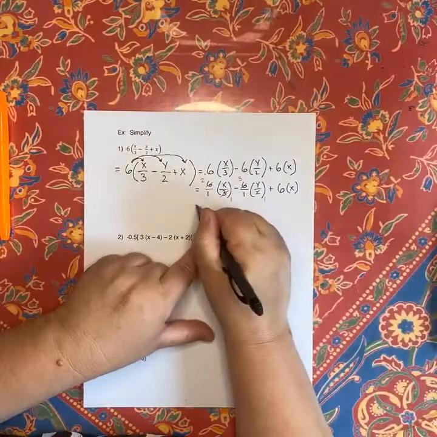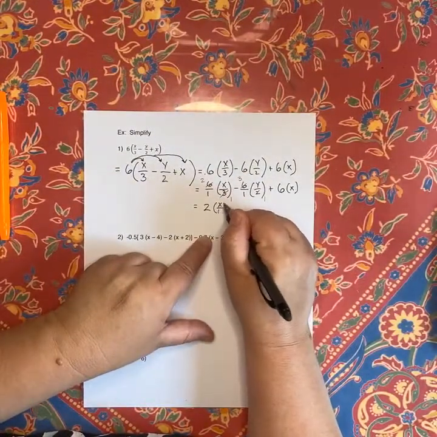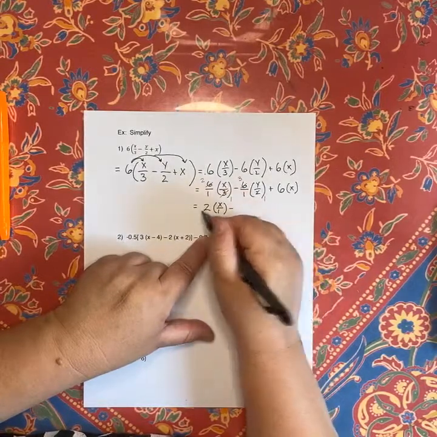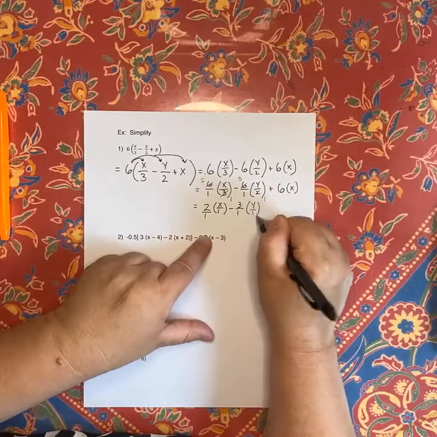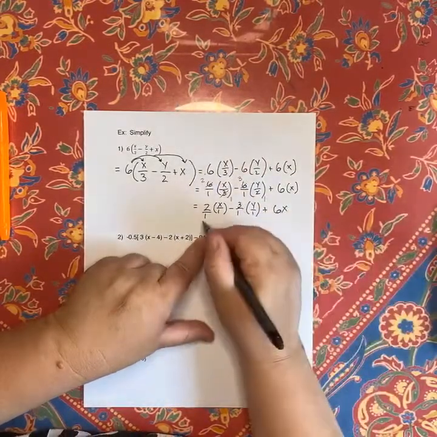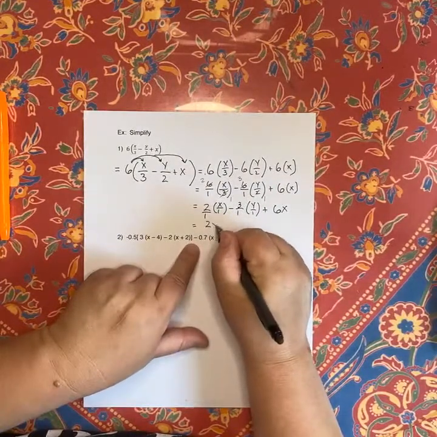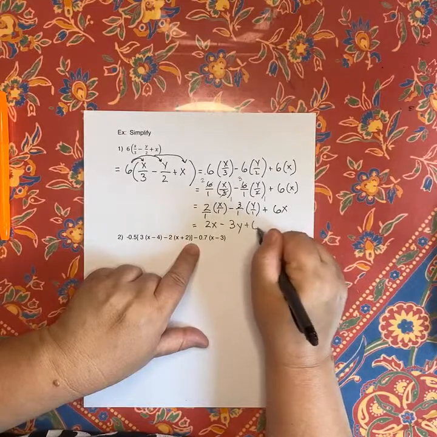And then I've got 2 times x over 1 minus 3. Oh, it's really 2 over 1. 3 over 1 times y over 1 plus, and I can just go ahead and multiply this. This is 6x. This is really 2x minus 3y plus 6x.